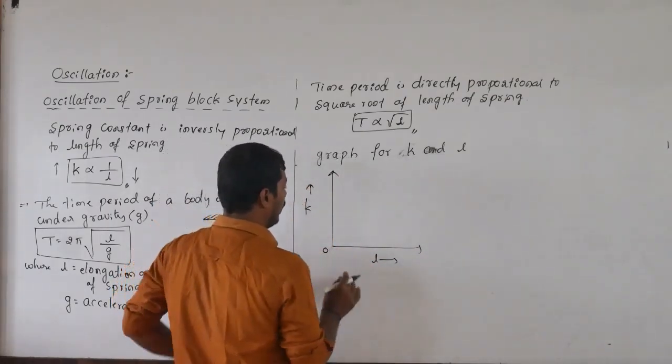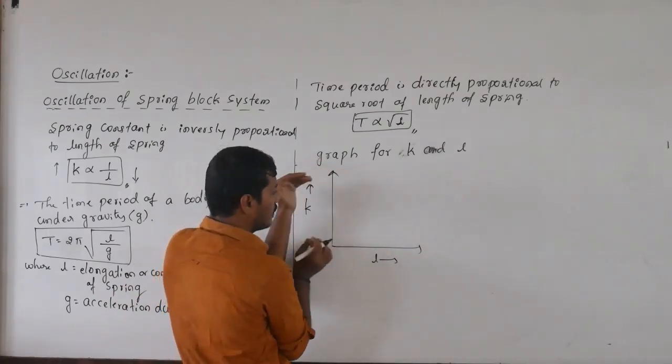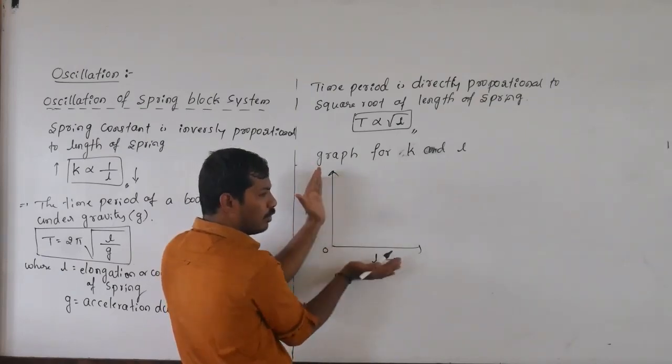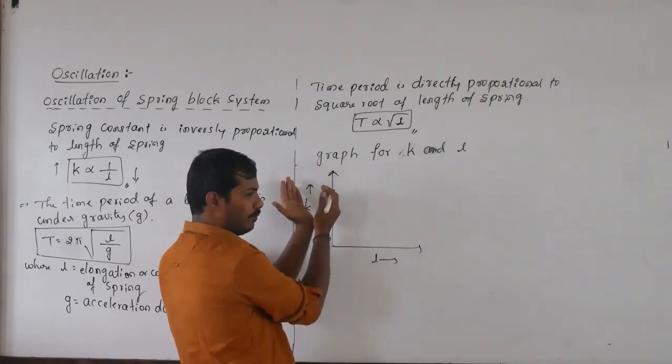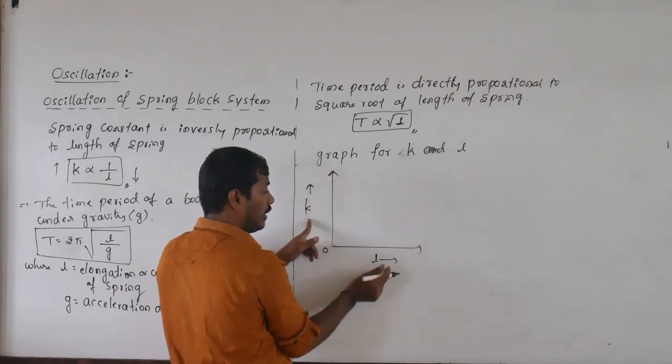Now, if initially the spring constant is more, the length is very less here. At the y-axis, the x component is 0. At the x-axis, the y component is 0. Initially K is more, and the length is 0.